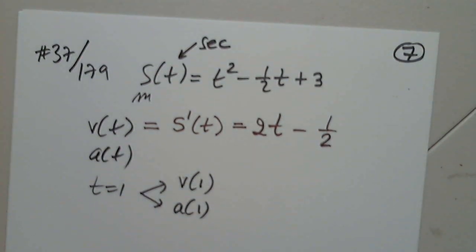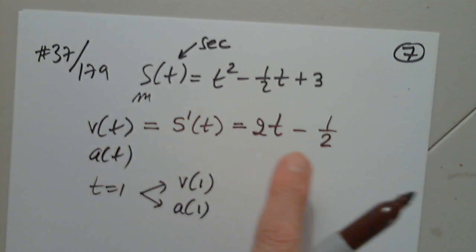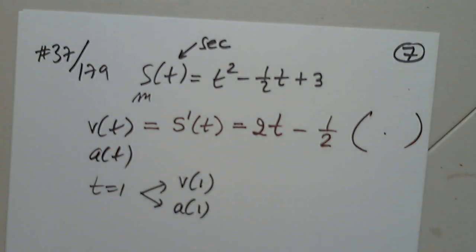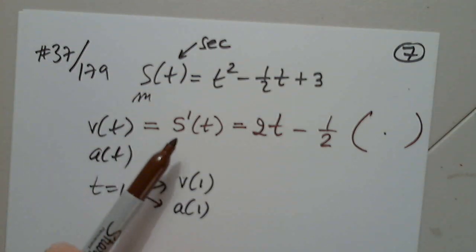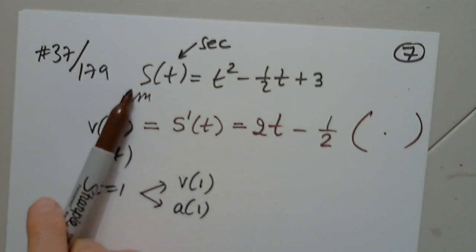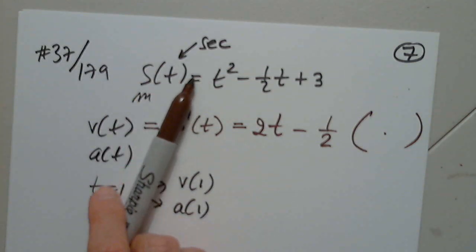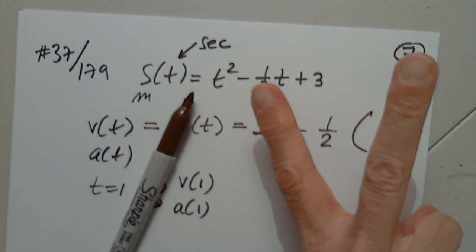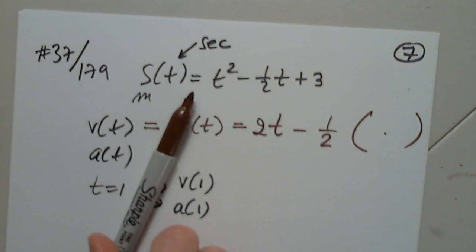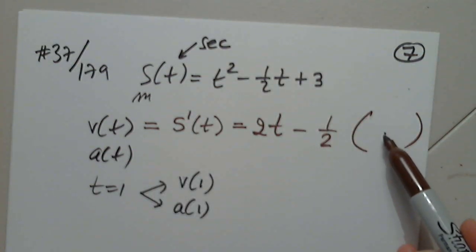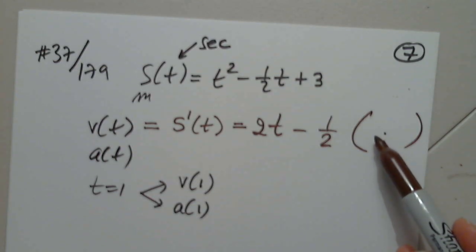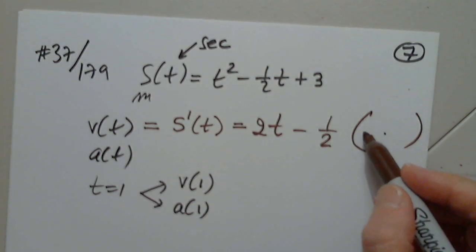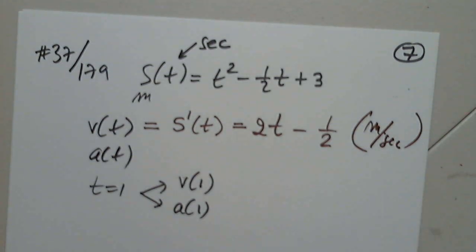Excellent. Brilliant. Very good. This is it. That's the velocity. What will be the measurement unit? I want to put the measurement unit of the velocity here. Meters per second. So this is the rate of change of distance with respect to time. It has to have two measurement units, distance over time. It cannot be the opposite. Awesome. Great job.